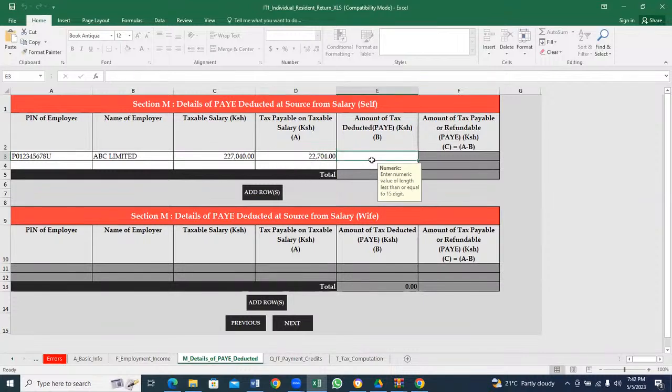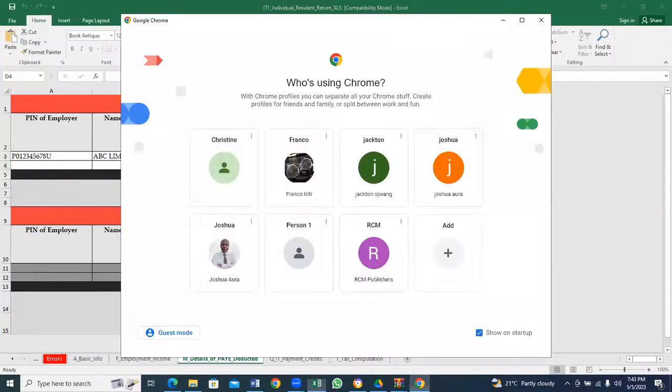Then pick the pay. How much is the pay deducted? 0. Thank you, Caroline Chesir. So at the end of the day, how much do you have there? 22,704, because you can see here, pay deducted upper is 0.